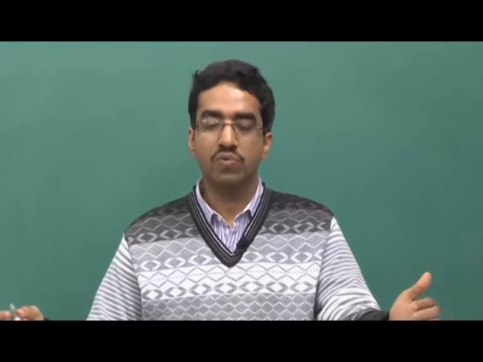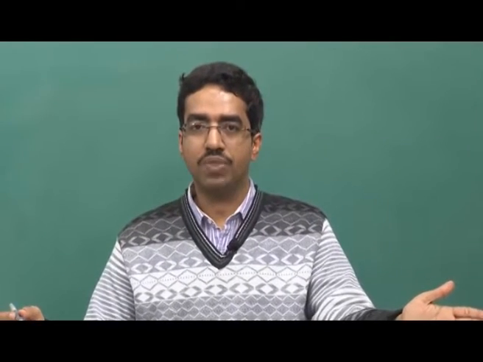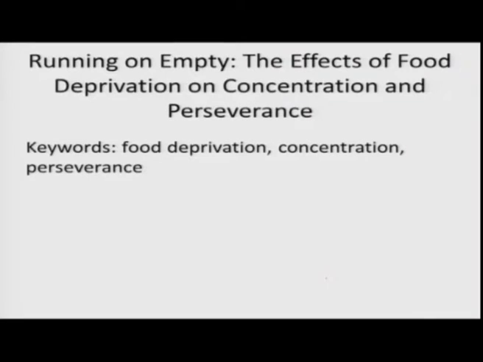So, now let us look at an example. We saw this abstract, "Running on Empty: The Effects of Food Deprivation on Concentration and Perseverance." Just using the title, the following could be your keywords: food deprivation, concentration, perseverance.